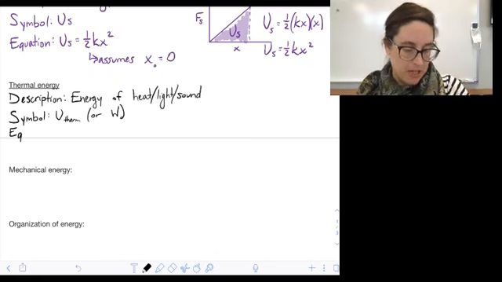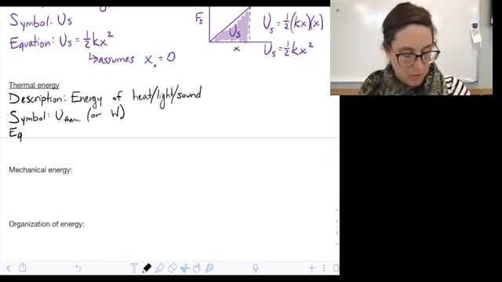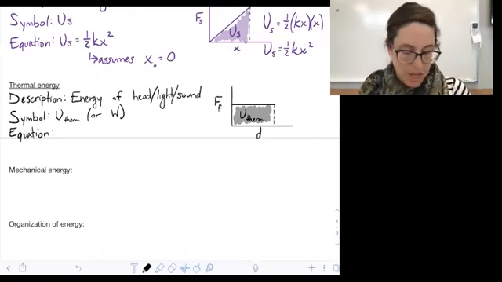So if we took some data of how much friction force there is as we move a certain distance, then we would find that the graph would look something like this. And this area is going to give us our thermal energy.